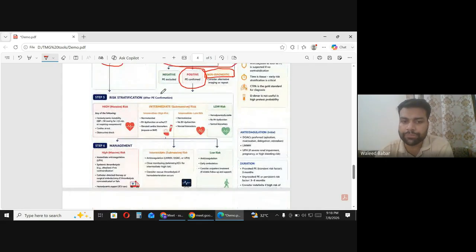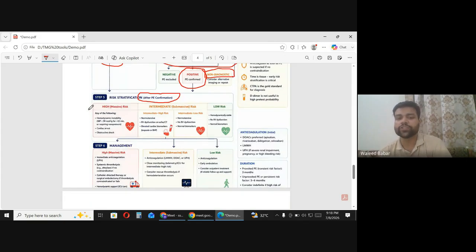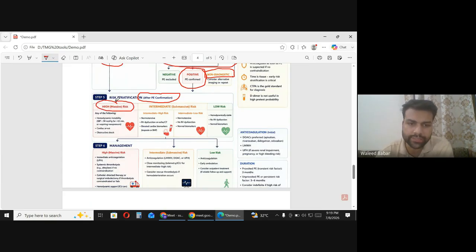So after the confirmation of pulmonary embolism diagnosis, we stratify the patients on the basis of risk of deterioration. If the pulmonary embolism is massive or high risk, how can we decide that? These are the features. If any one of these features is present, like obstructive shock, cardiac arrest, or BP less than 90 for more than 15 minutes, then we will take this patient as high risk and we will perform systemic thrombolysis.